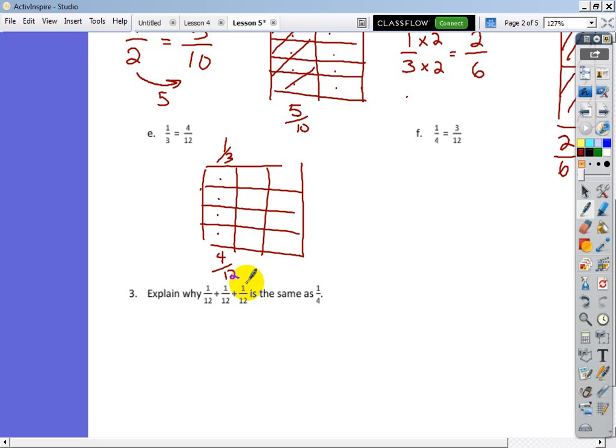Does it represent the same thing? Yes. Good. And we can tell that 1 times 4 is 4 and 3 times 4 is 12. So 1/3 times 4 on the bottom and times 4 on the top equals 4/12.